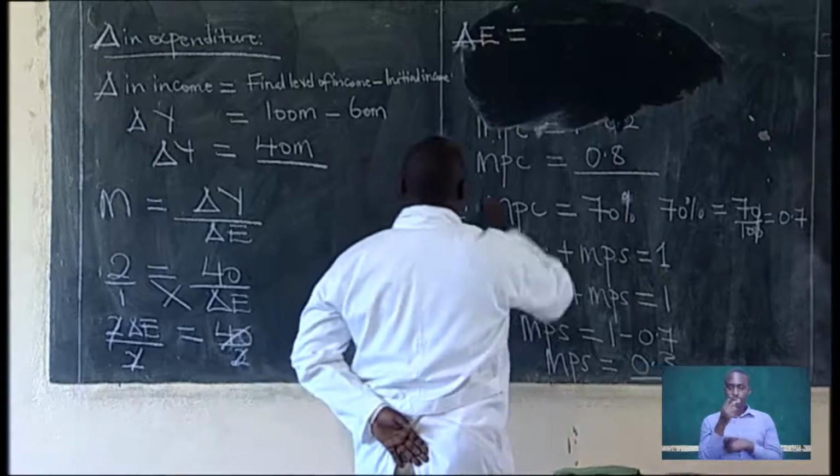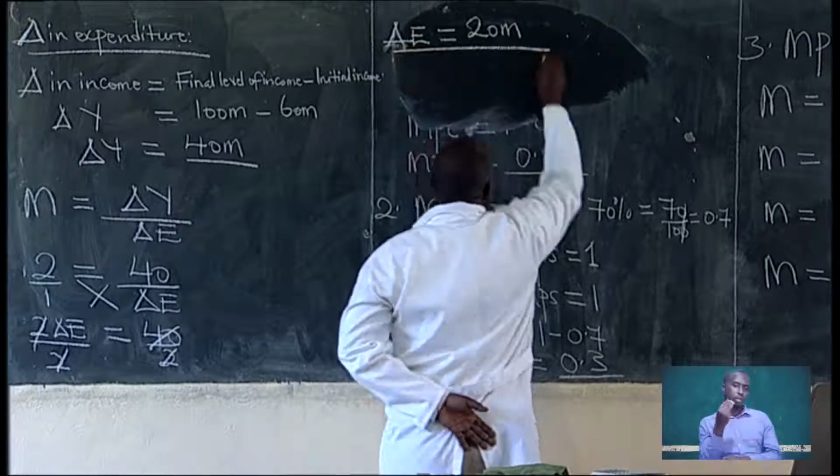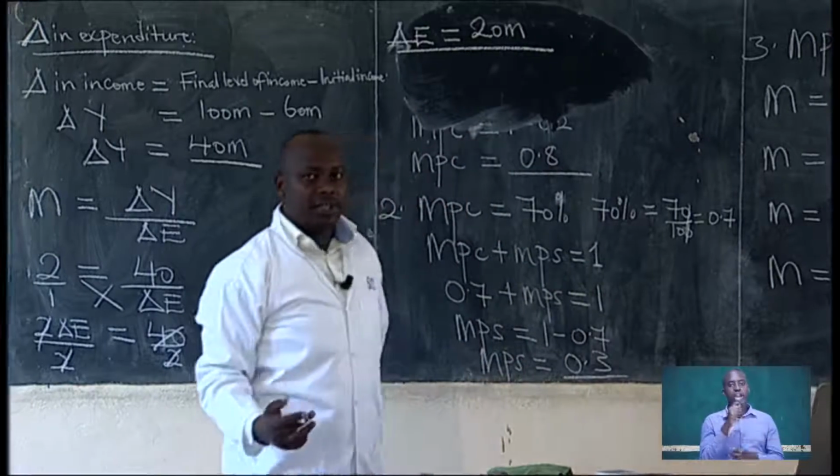Our change in expenditure is 20 million. That is how we get a change in expenditure.